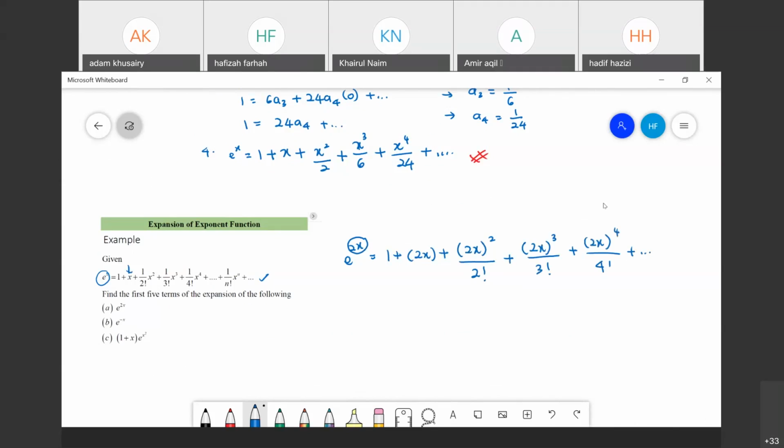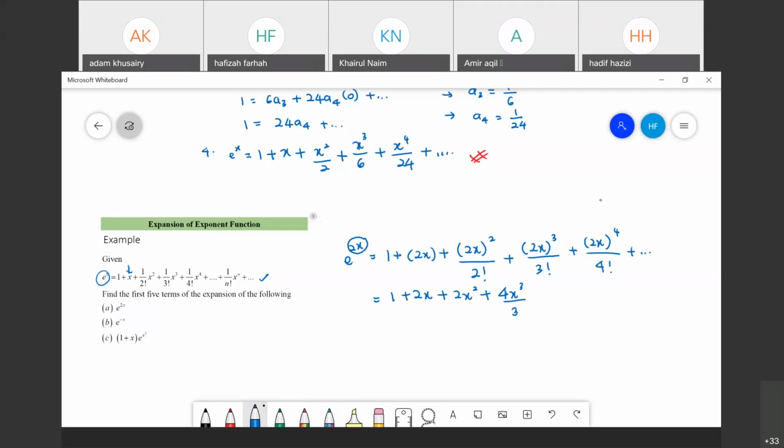Okay, so then we expand this, we have 1 plus 2x plus 4x squared over 2, we have 2x squared plus 1 over 6. So we have 4x cubed over, berapa ni? 3.